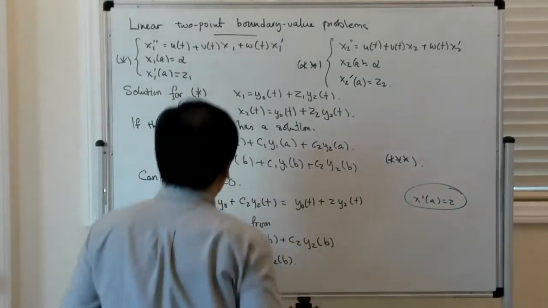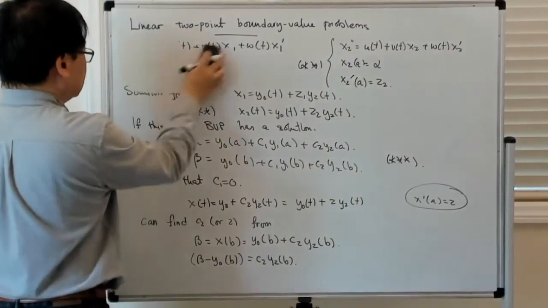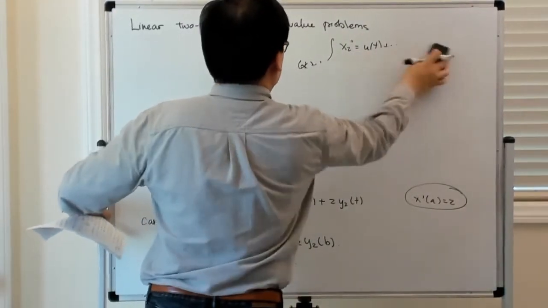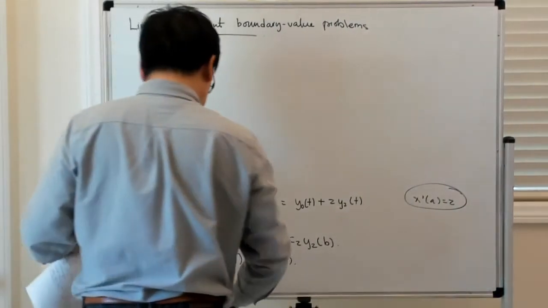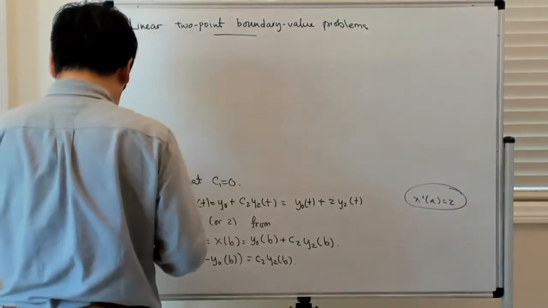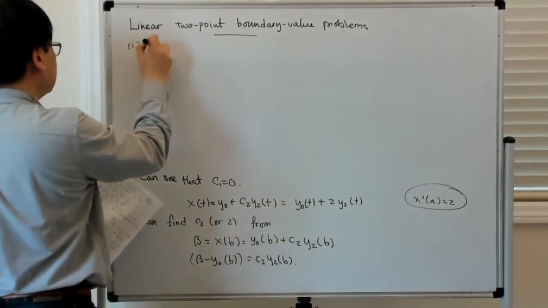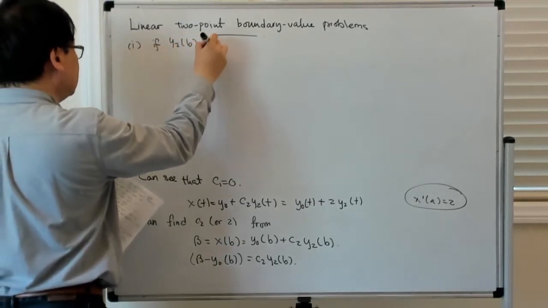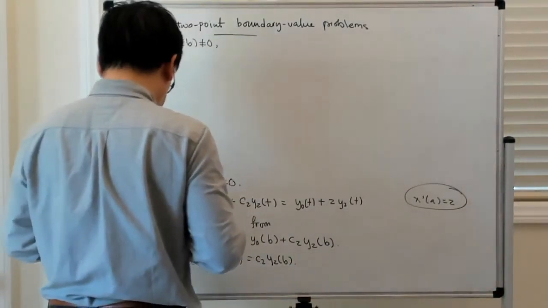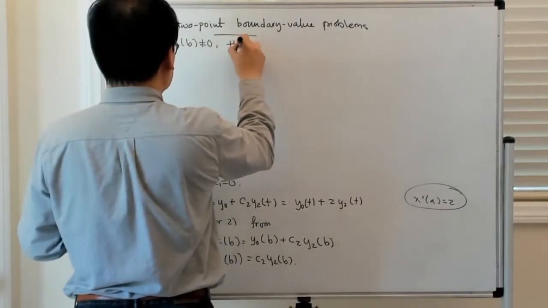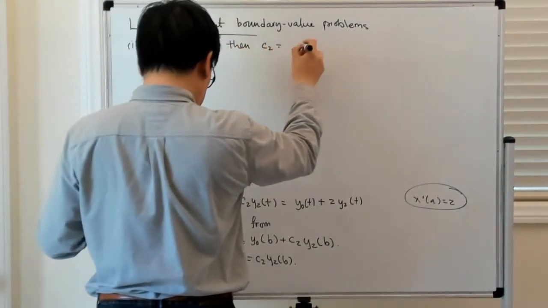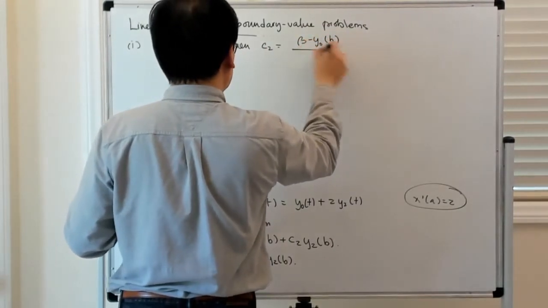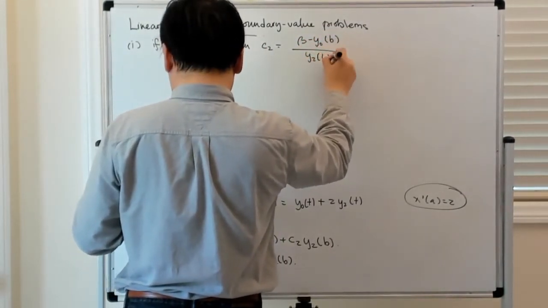Okay, so let's look at what happens there. So there are two cases. Case 1: if y2 at b is not 0, then clearly c2 is just going to be beta minus y0 at b divided by y2 at b.